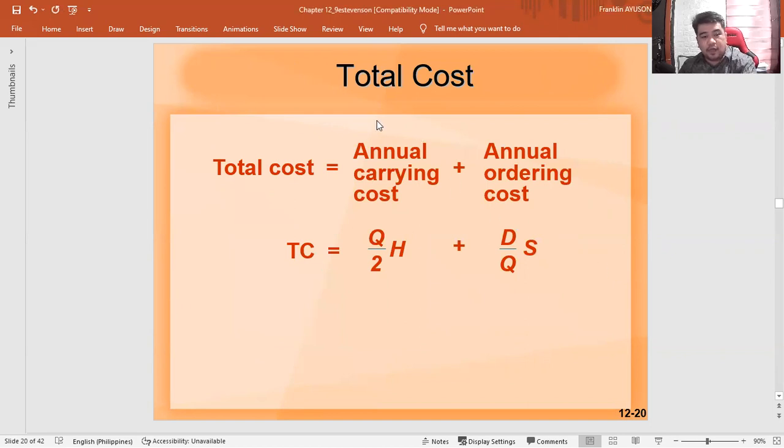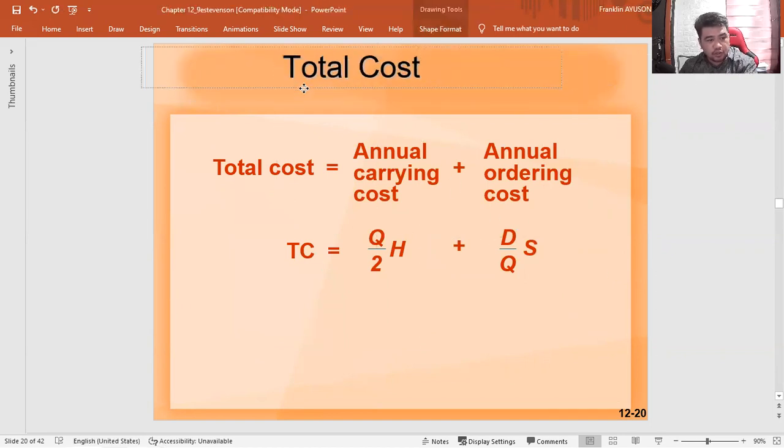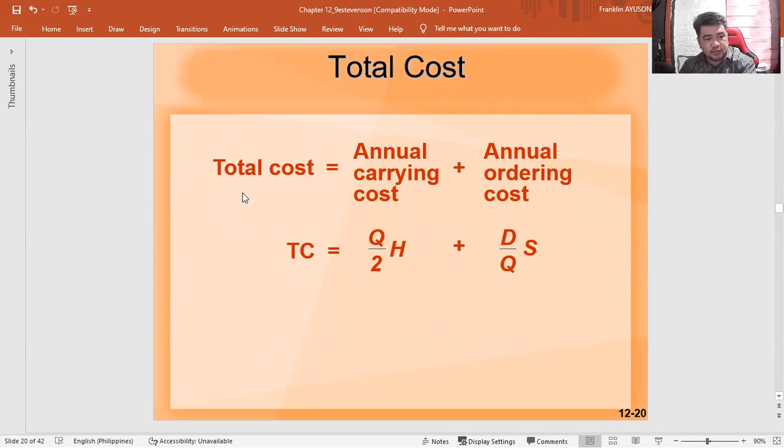we have now the concept of total cost. So remember, your total cost is your annual carrying cost plus our ordering cost. Yan. So in inventory, part dyan is not only the production cost, but we consider the annual carrying cost of maintaining our inventory and product versus our ordering cost.